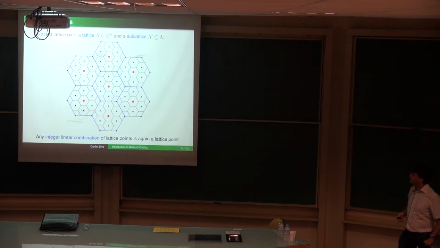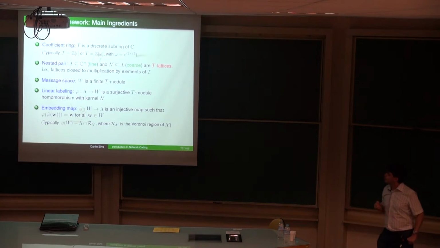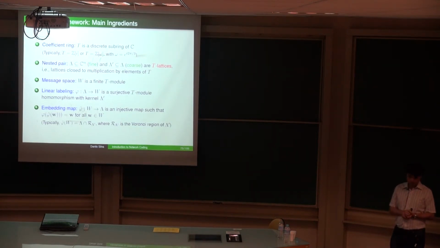We have that, but we still need some more ingredients. First of all, we need the coefficient ring T, the range from which you take linear combination coefficients of the messages. You need it to be a discrete subring of the complex numbers.